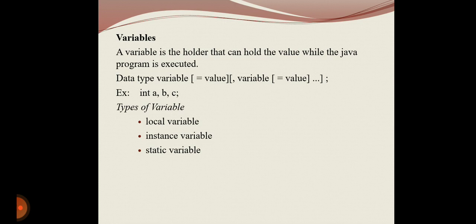As an example, static int a equal to 0 is a static variable declaration. The default value for the static variable is 0, and if it is a boolean, then it is false. So this is about the static variable.